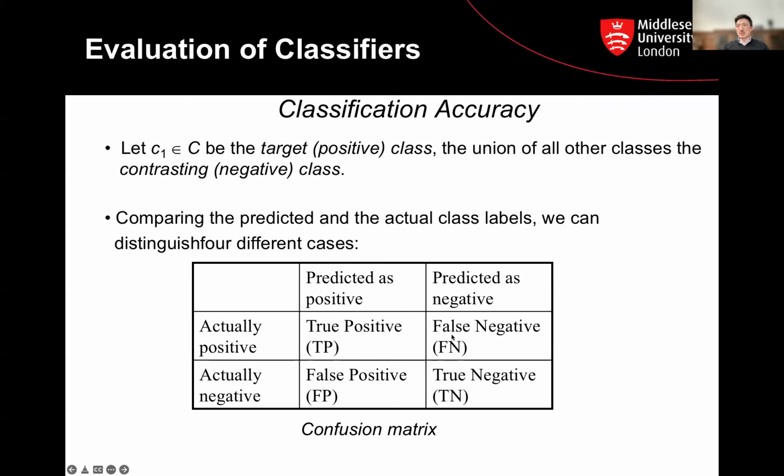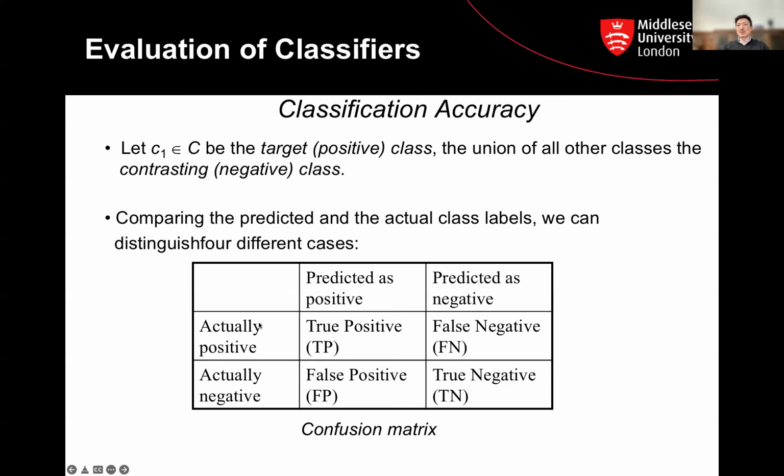Similarly, a negative data item might be predicted as positive. In this case, it's wrong, so it's called false positive. Or it can be predicted as negative, which is correct, so it's true negative. And this whole thing is called a confusion matrix.